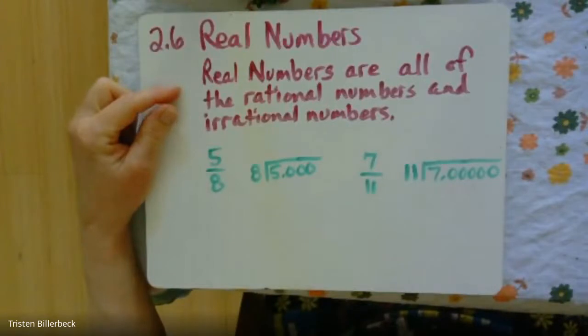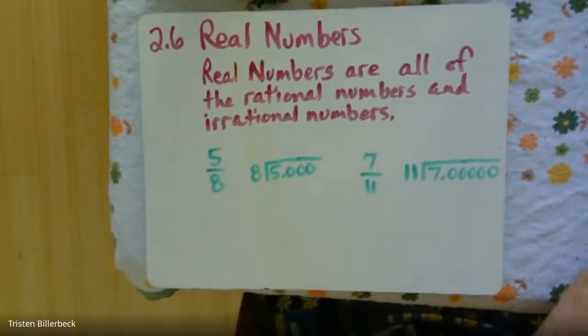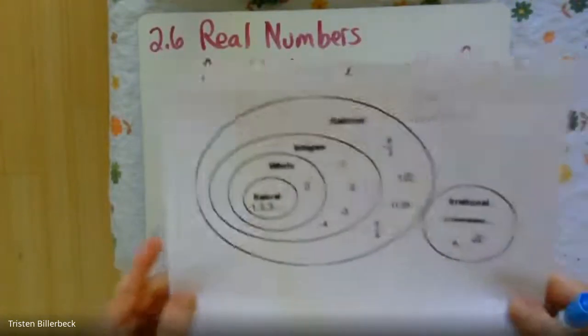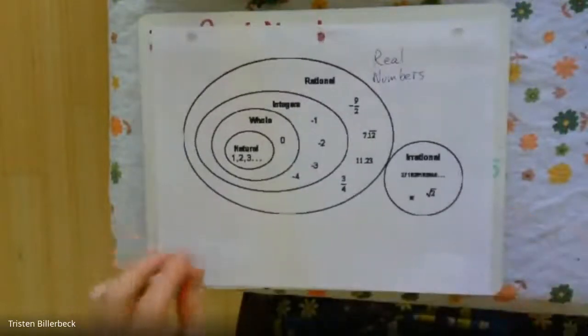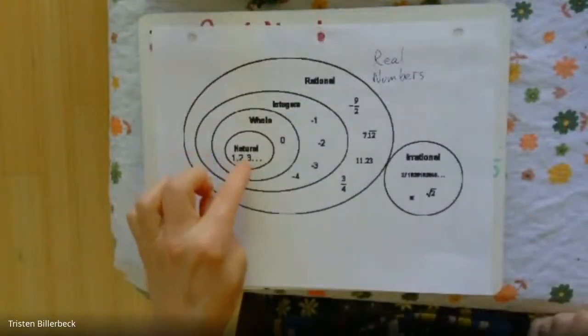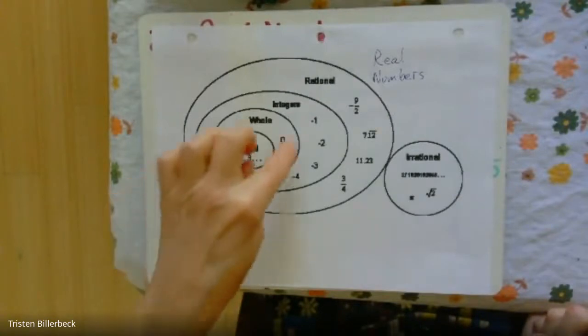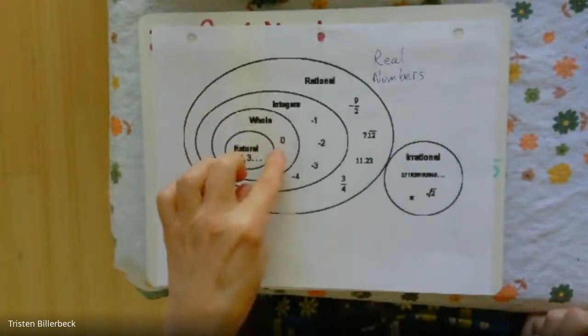So real numbers are all the rational numbers and irrational numbers. If we look at this, we have real numbers. Here we have our natural or counting numbers, which are 1, 2, 3, 4, 5, 6, then whole numbers, which include 0.